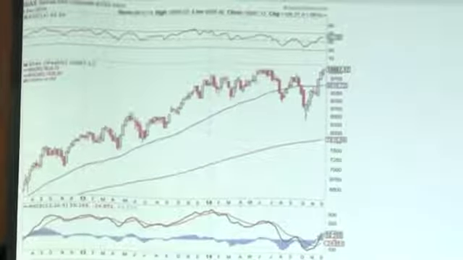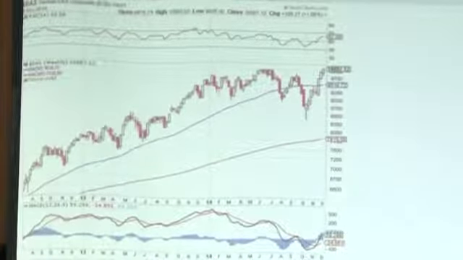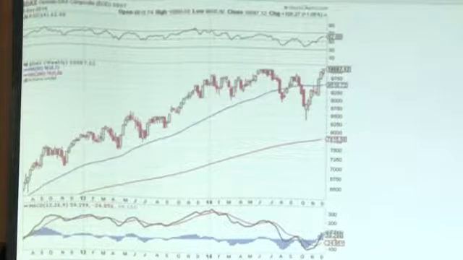The patterns I'm showing to you are universal because they reflect human behavior and how humans act, especially under stress. Markets provide plenty of stress. You know, people speak different languages, live differently, but whenever we get our fingers caught in the door, we'll scream the same way.